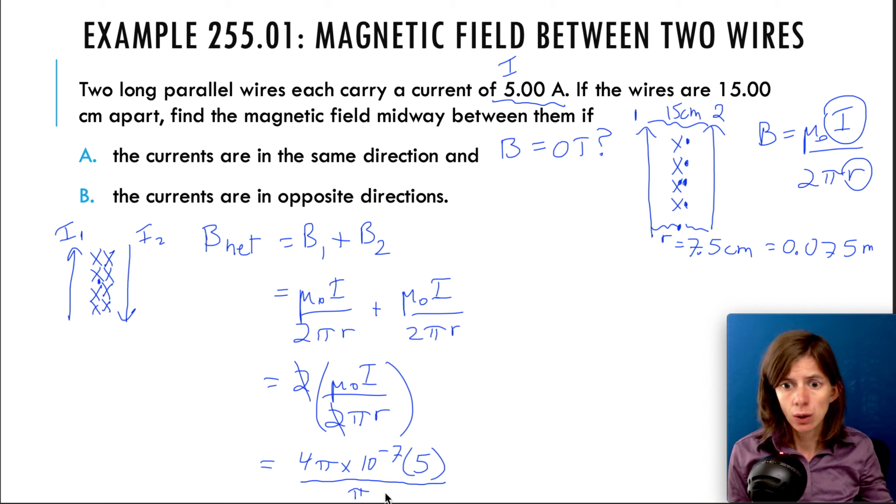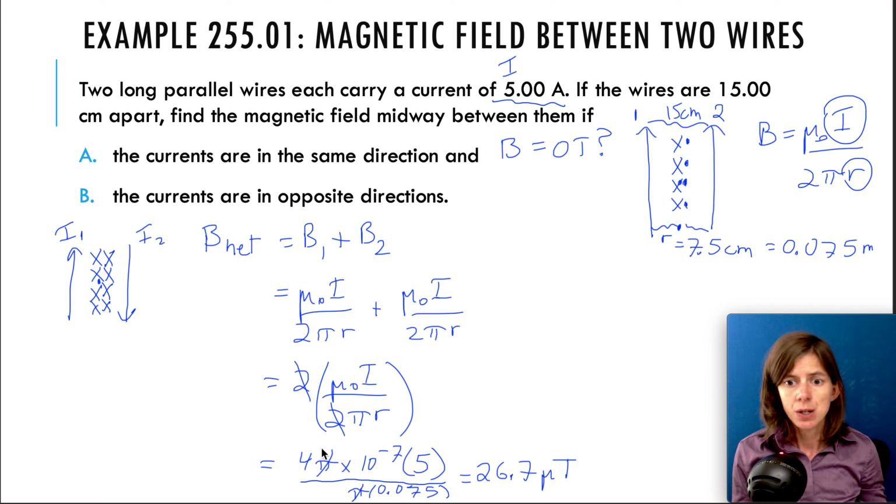So we're going to put that right there. 0.075. And when you plug all of these numbers in, you're going to get about 13.35. Sorry, we've already multiplied by 2. You're going to get 26.7 microteslas when you plug all of these numbers in. When you plug it into your calculator, you could, if you wanted, just cross out the pi's. They do cancel out. So hopefully that made sense.